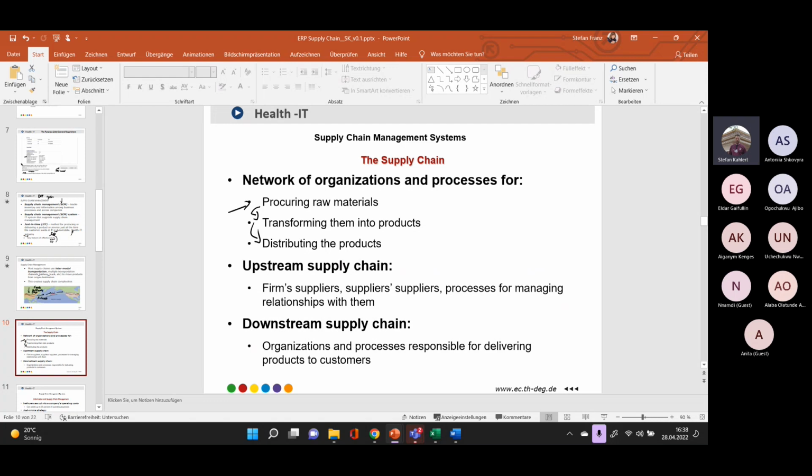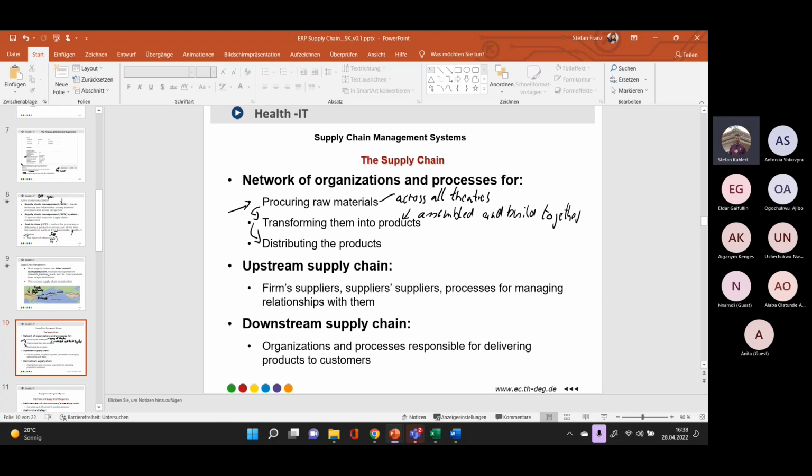So you get raw materials from across all theaters, which will then be assembled in a certain country of origin or built together. And then you still have the time required to ship them. And then you need to distribute them.